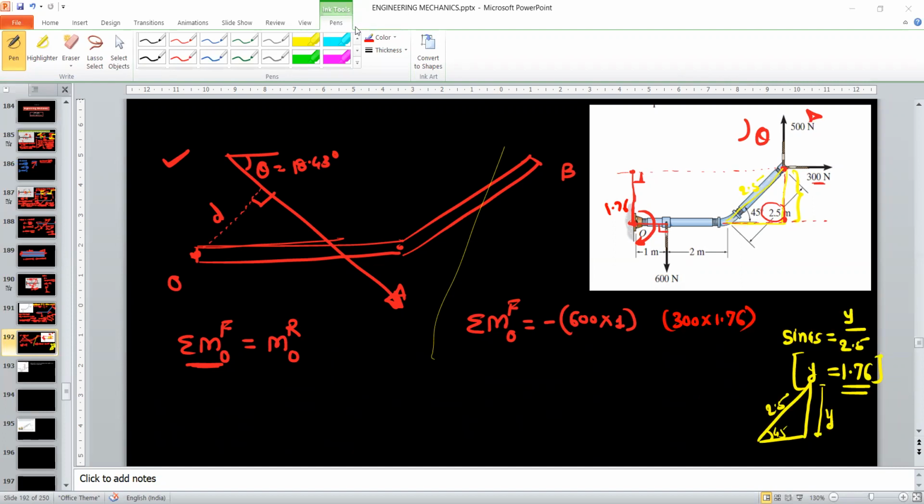Now the moment by 300, which is 300 into 1.76, is again clockwise, because this 300 Newton force will try to rotate the system in this direction. So this is again negative. Then take the moment by 500 Newton.